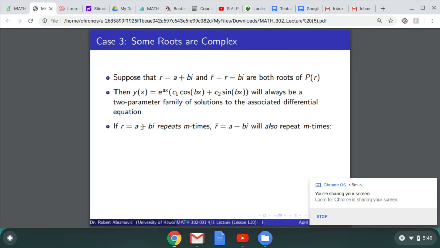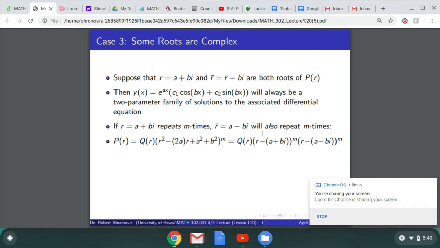And it's also possible for these two complex roots, the conjugate pair, to repeat m times. If a plus bi repeats m times, a minus bi will also repeat m times. And you can factor this polynomial. These conjugate pairs of complex roots correspond to solutions of r squared minus 2ar plus a squared plus b squared, or equivalently, r minus a plus bi times r minus a minus bi.